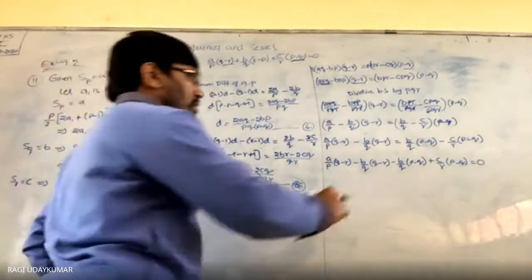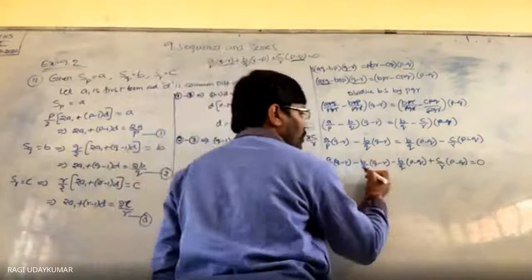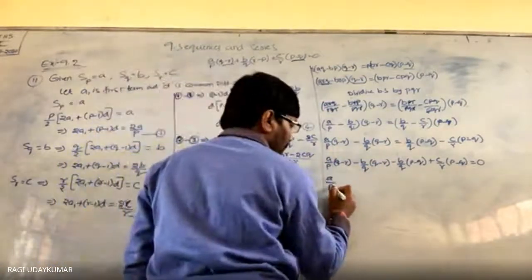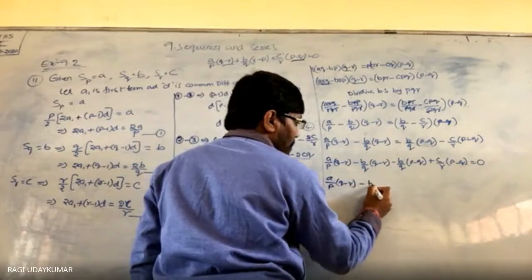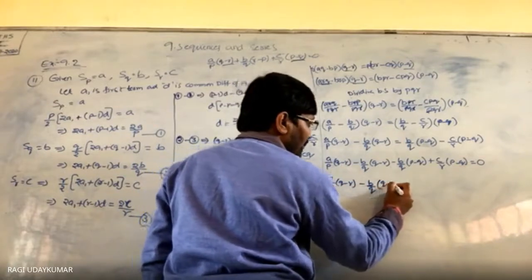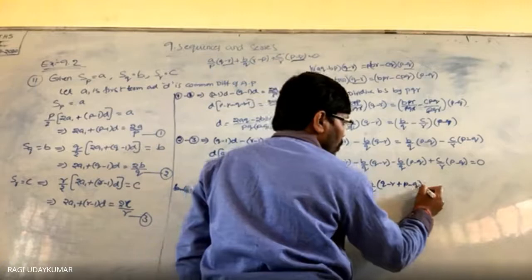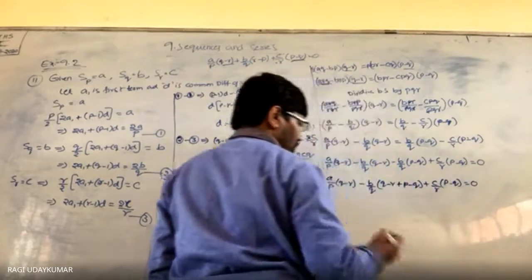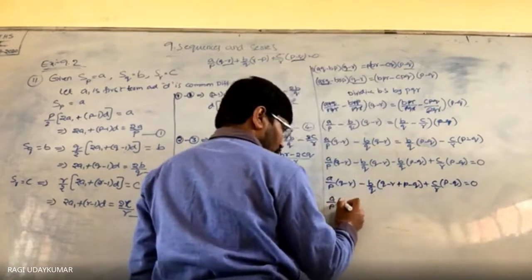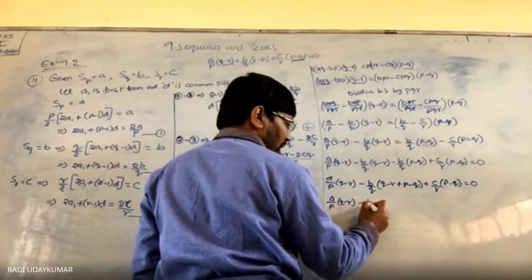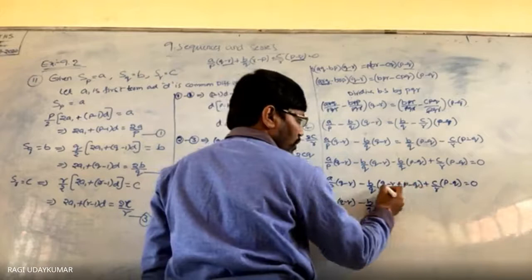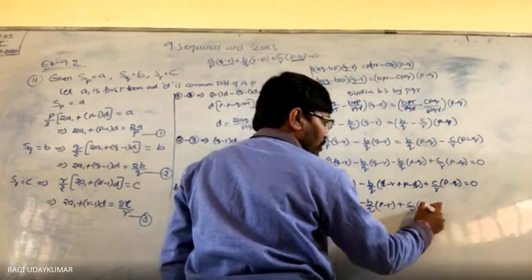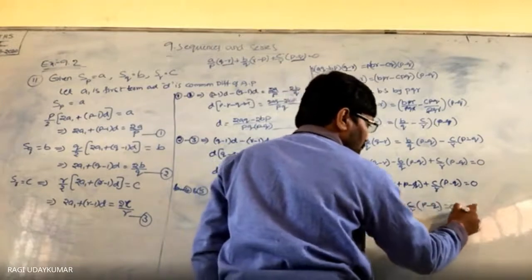Now from this, take p minus q common. So a by p into q minus r minus b by q into q minus r plus p minus q, plus c by r into p minus q is equal to 0. That is a by p into q minus r minus b by q into p minus r plus c by r into p minus q is equal to 0.